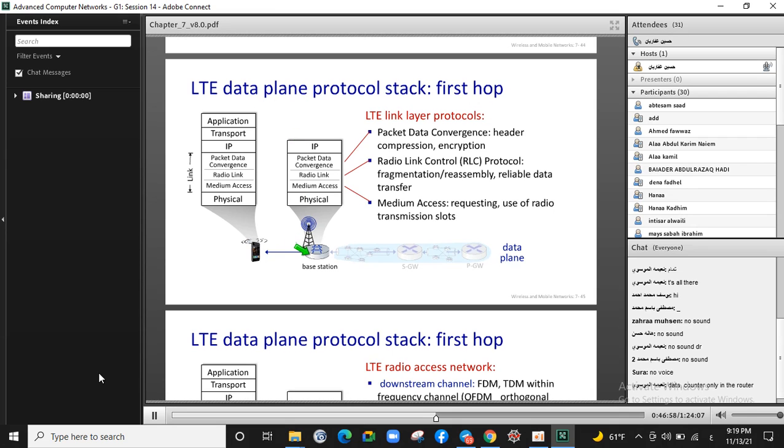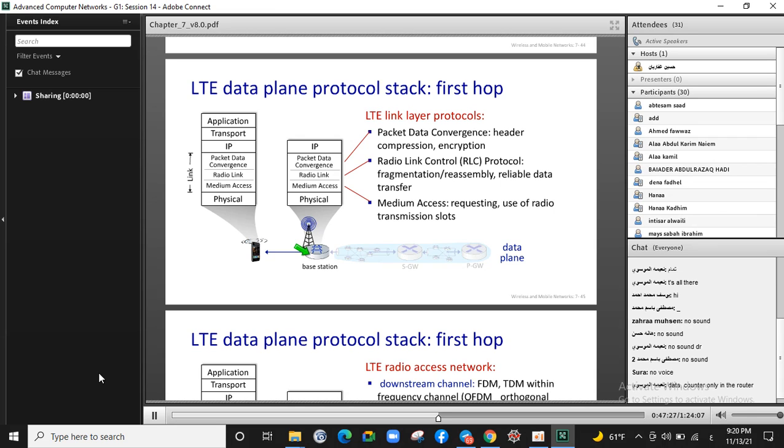Please look at the chapter 1 slides. At the end of chapter 1, there is a figure about the different layers in different network devices. For example, in a switch, in a router, you can look for that slide and compare it with this one.